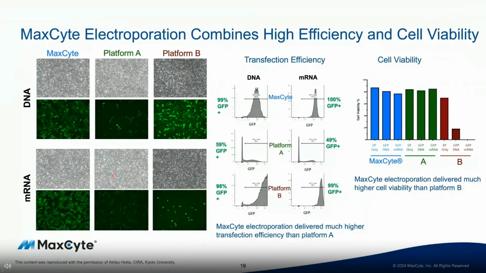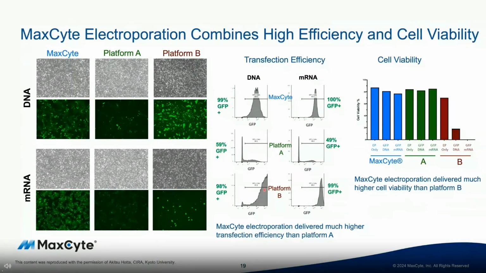This slide shows an example of how MaxCyte combines high efficiency with cell viability. On the left are images of GFP expression and bright field images of human iPS cells after MaxCyte electroporation compared with two other platforms. If you look at the quantification of this by flow cytometry, you can see that for both DNA GFP and mRNA GFP, the expression is nearly 100%, whereas with another platform, you might have less efficient delivery.